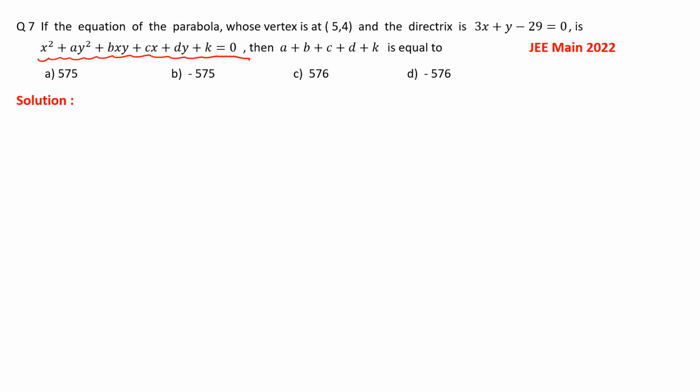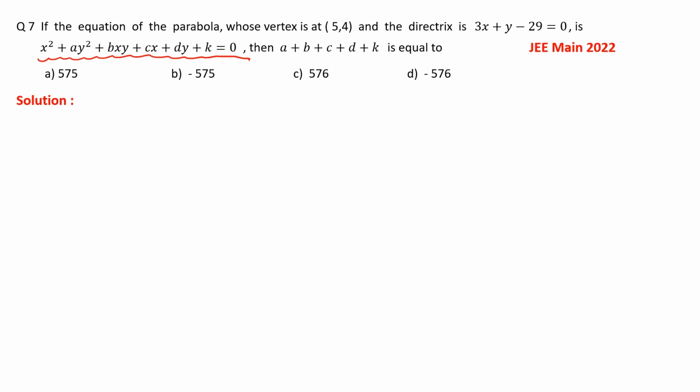Now, if you are thorough with the basic concepts of the parabola, then you must know that a parabola is defined as the locus of the moving point which moves in such a way that its distance from a fixed point called focus is always equal to its distance from a fixed straight line called directrix.